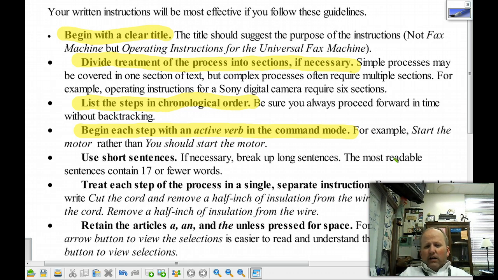You're telling somebody what to do, and that's also reiterated in the command mode. You are active. Somebody is doing something. You're not even saying please. You are commanding. You're just telling them what to do. Don't start with you. Whoever's reading the instruction is the person you're talking to, so you don't have to say you should start the motor. You don't even have to say please.